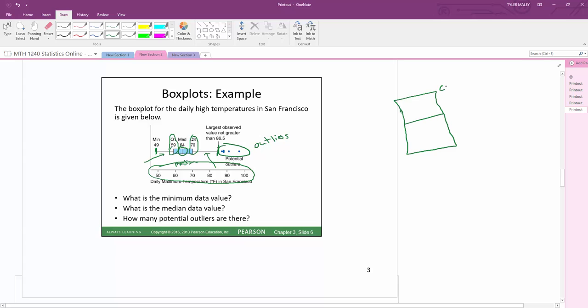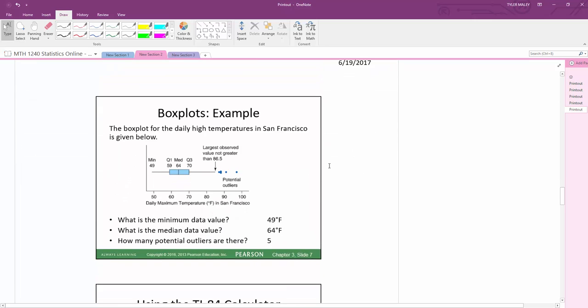So if we have my axis going this way, from like 50 up to 100, then this would be Q1, this would be Q3, and this would be my median. And then you'd still have these whiskers drawn, but they would just be going up and down. So you can do a box and whisker plot horizontally or vertically. Just depends on what you prefer.